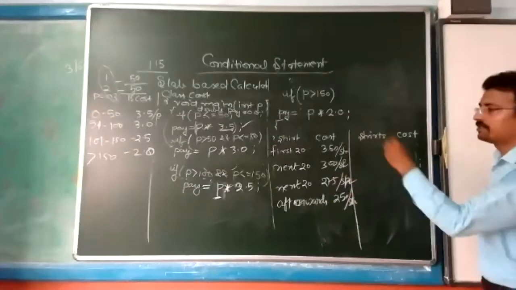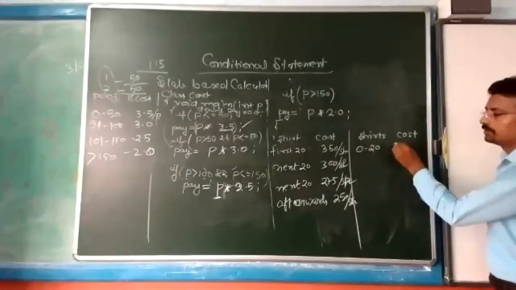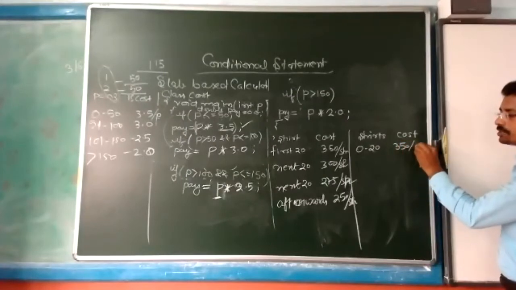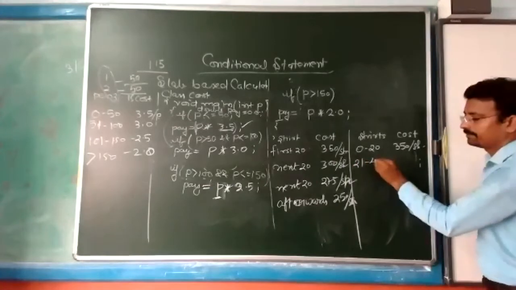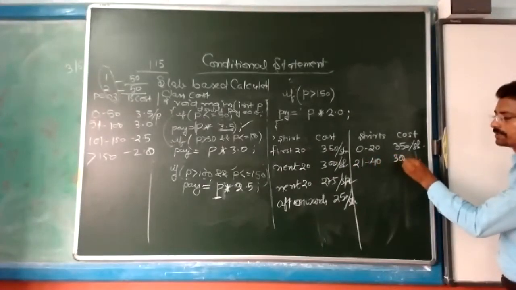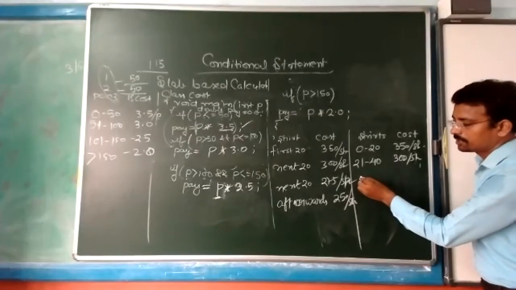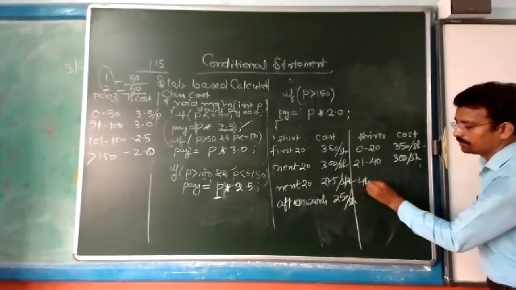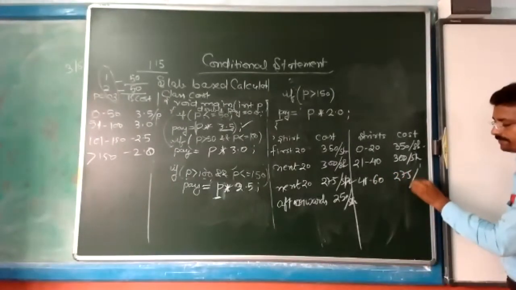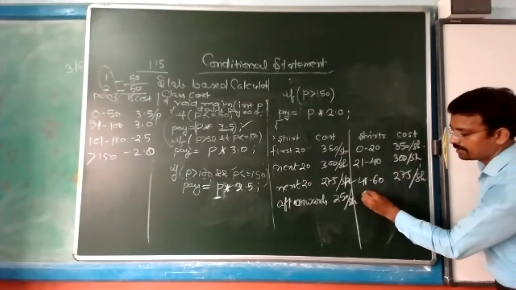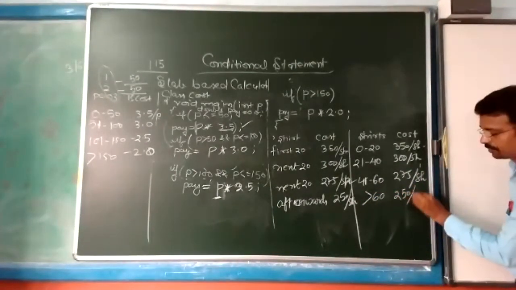Slab based program. After that, the same program: 0 to 20, 350 rupees per shirt. 21 to 40, 300 rupees. Next, 41 to 60, 275. And more than 60, 250 per shirt.